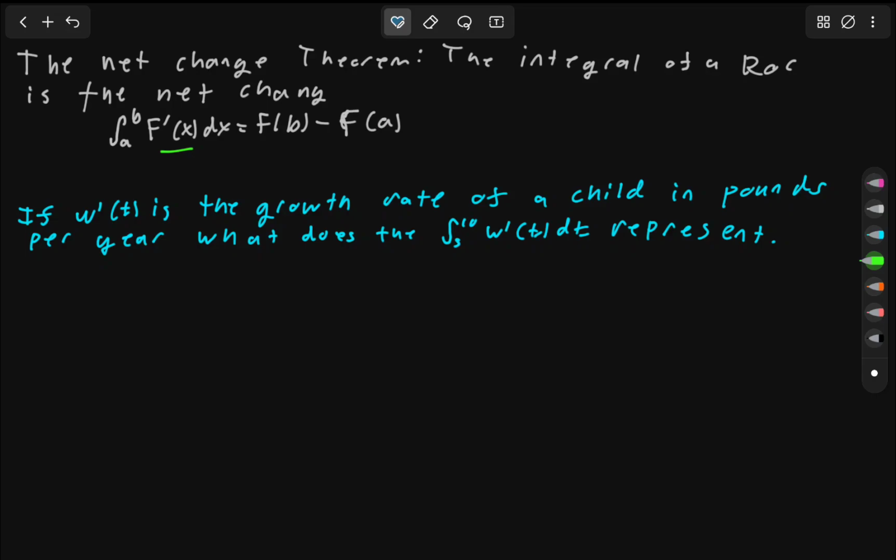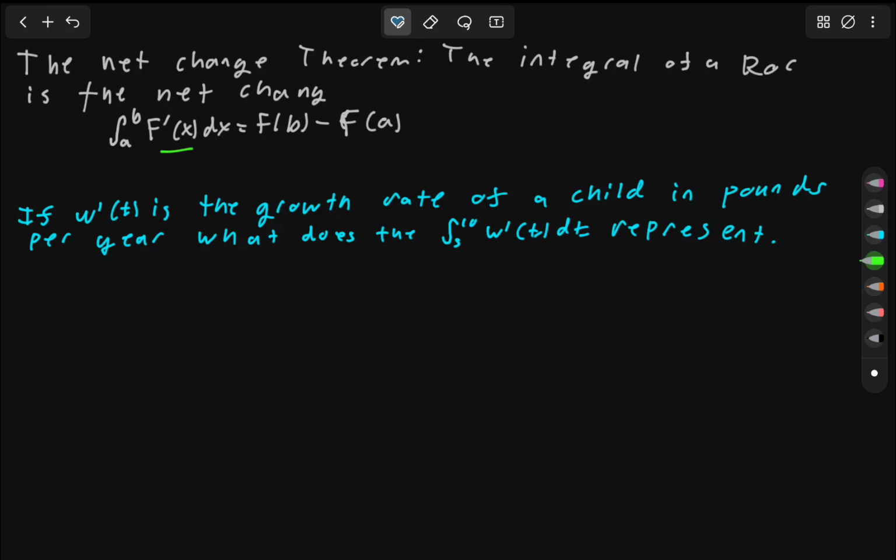So these are often going to come up in word problems. So we're going to say if w prime of t is the growth rate of a child in pounds per year, what does the integral from 5 to 10 of w prime of t represent?